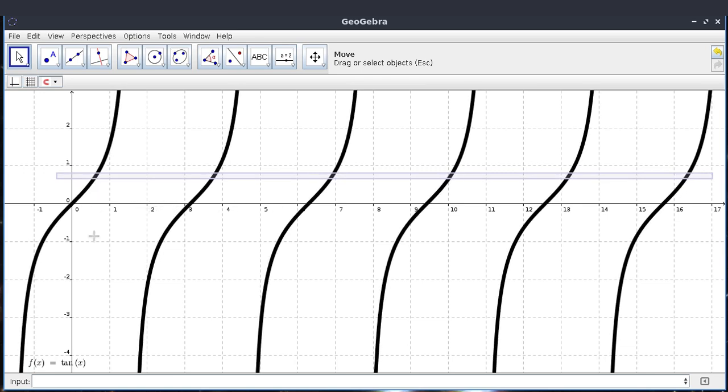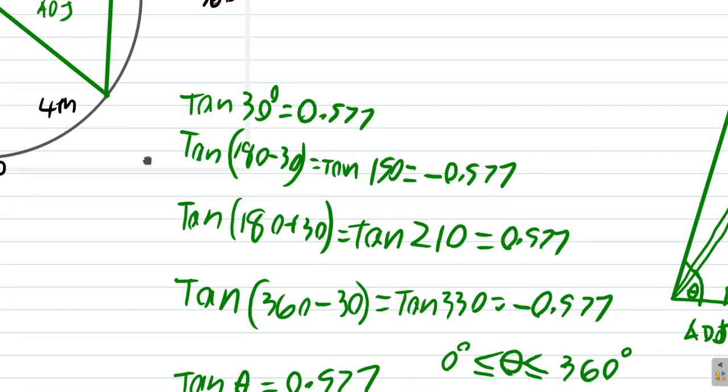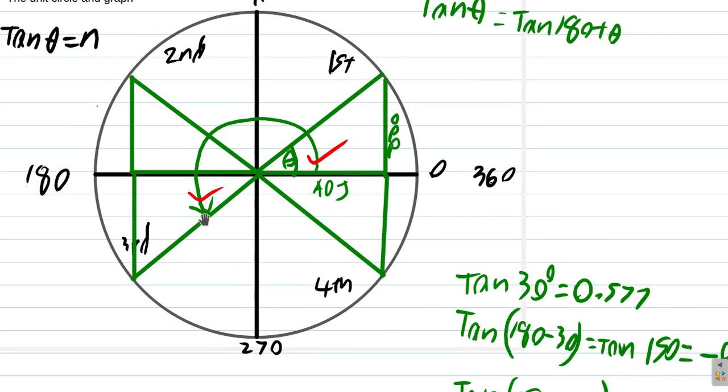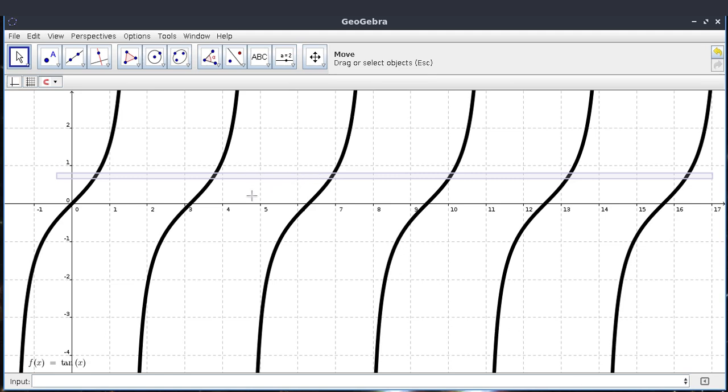It would cut at 30. Then it would cut at 180 plus 30. See the correspondence? And it would cut at 360 plus 30 more.